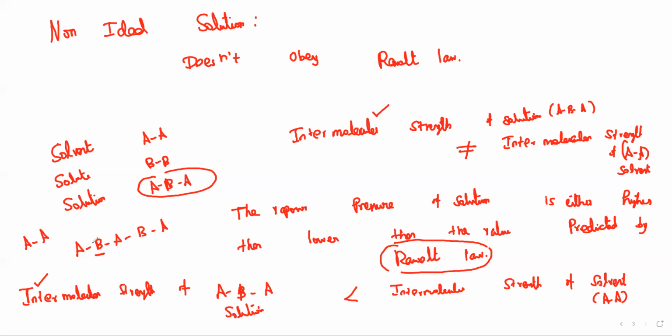Because of the solute, the intermolecular strength is reduced, so some of the molecules may try to escape in the form of gas. That escaped gas resides at the top surface of the solution, so it adds extra pressure.